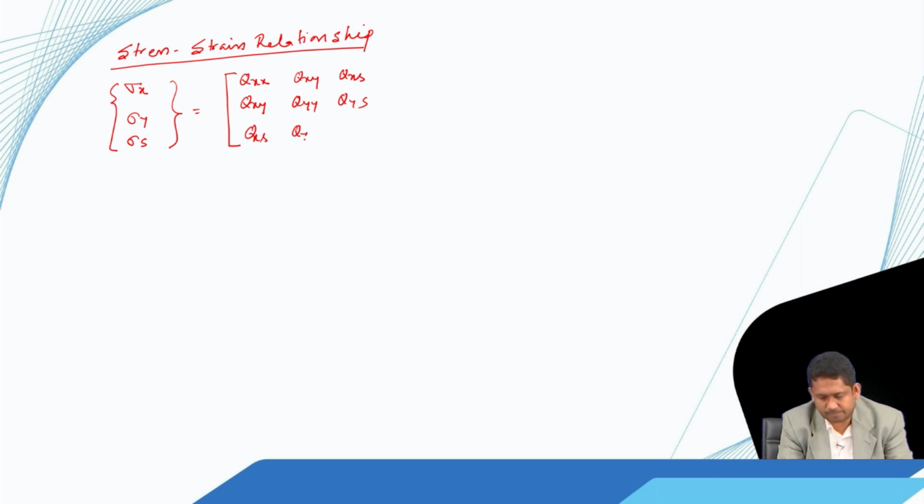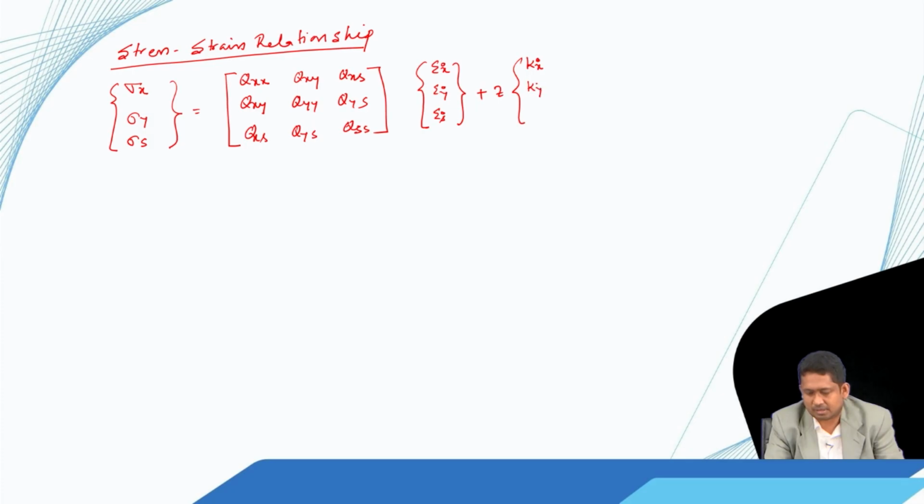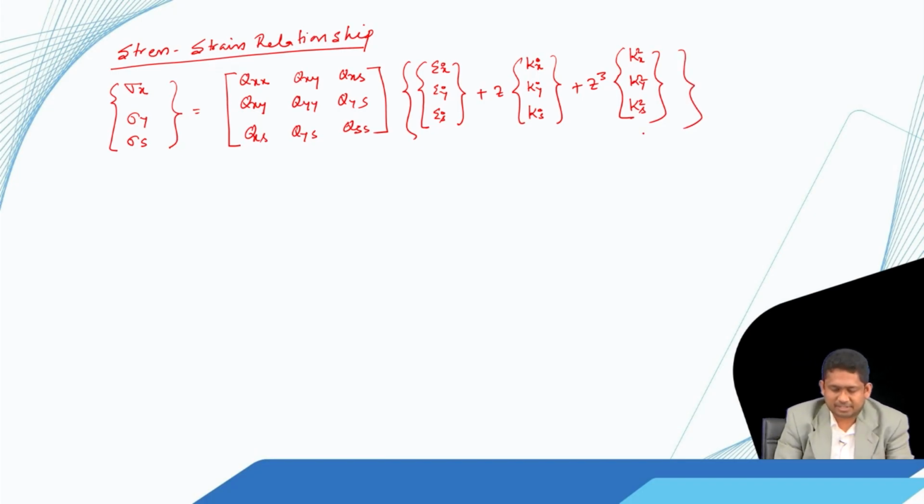It is the same matrix that we derived before, and this gets multiplied with epsilon x, epsilon y, epsilon s, and those are, as we discussed in the last class, this vector, plus a vector which gets multiplied with z, plus a vector which gets multiplied with z cube. And this is in the x y direction.